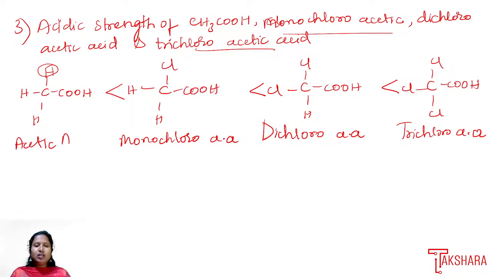So why is trichloroacetic acid more acidic in nature? Because the acidic strength of the carboxylic acid increases when the number of halogens increases.